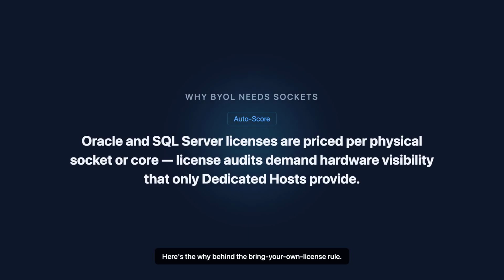Here's the why behind the bring your own license rule. Oracle and SQL Server licenses aren't priced per virtual CPU, they're priced per physical socket or per physical core. When the auditor shows up, they need to see the actual hardware your software is running on, so they can count sockets and verify you've licensed enough.